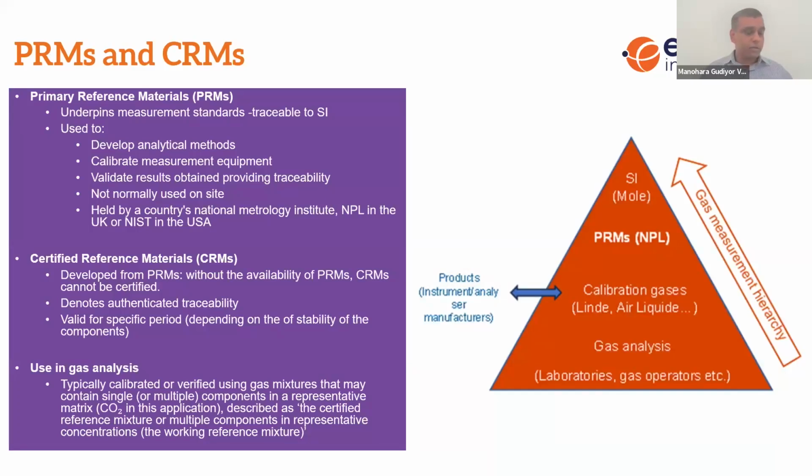So how can we use these primary reference materials or certified reference materials in doing gas analysis? Typically, you need to use them to get confidence in the measurements that you do, and to prove the reliability as well as accuracy of the measurements, for purity analysis or in general any analysis that you do. In this case, it's only CO2 purity, as CO2 stream purity. Next slide, please.